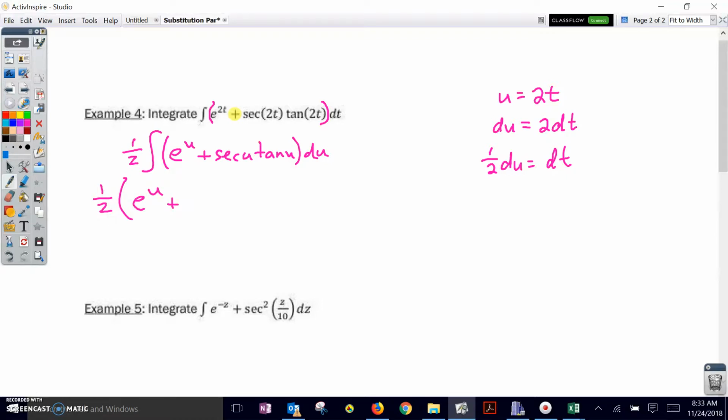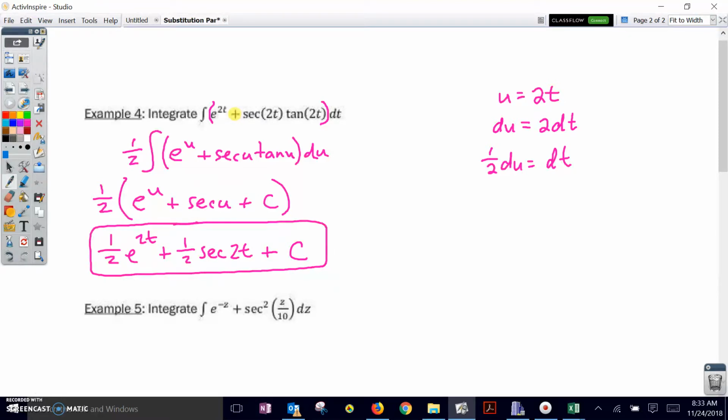The integral of secant of u tangent of u is just secant of u. And then I can tack a c on the end. And so I end up with 1/2 e to the 2t plus 1/2 secant of 2t plus c. Or I could factor the 1/2 out. It doesn't matter.